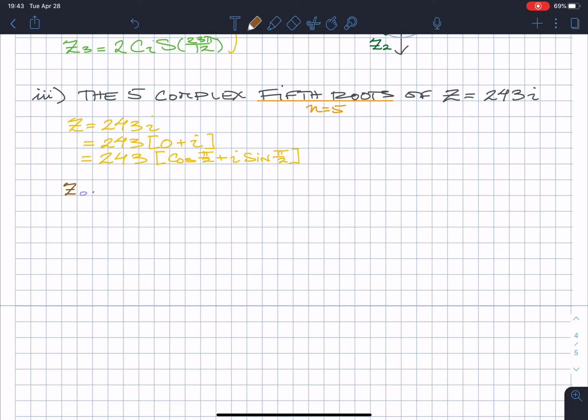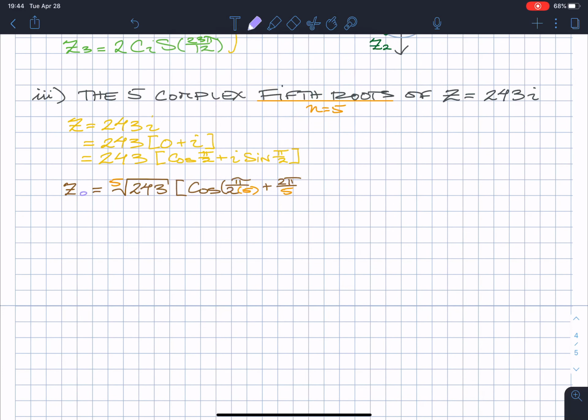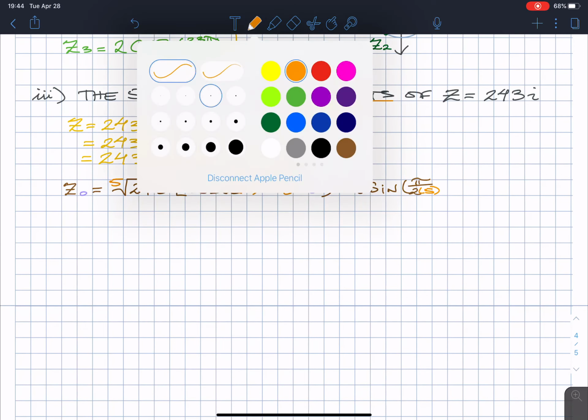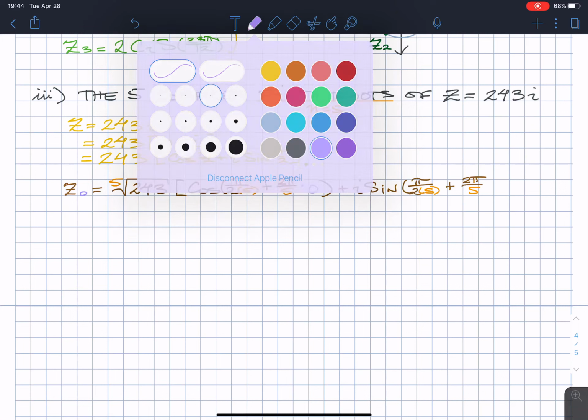So z sub 0 will be equal to the fifth root of 243 times cosine of pi over 2 divided by n, which in this case is 5, plus 2 pi divided by n, which is 5, times the first subscript, which is 0, plus I times sine of the same ugly argument, pi over 2 divided by 5, plus 2 pi divided by 5 times the first subscript, which in this case is 0.